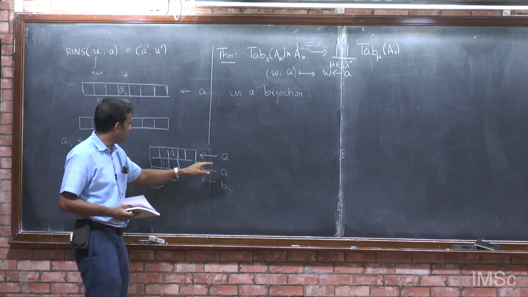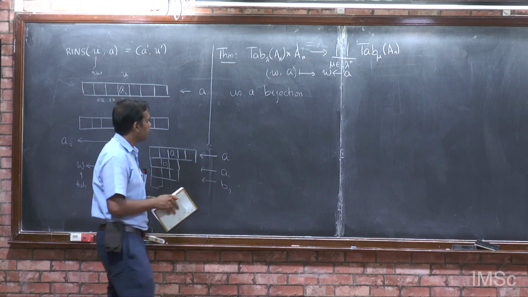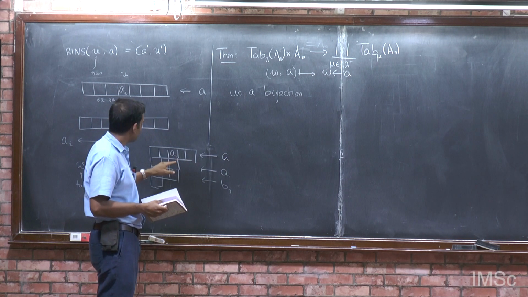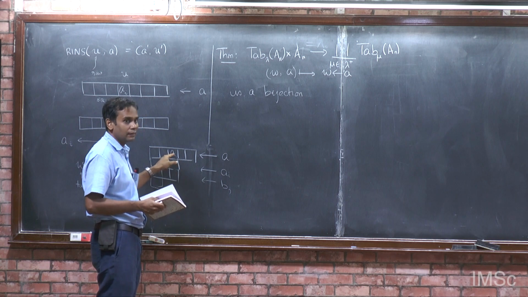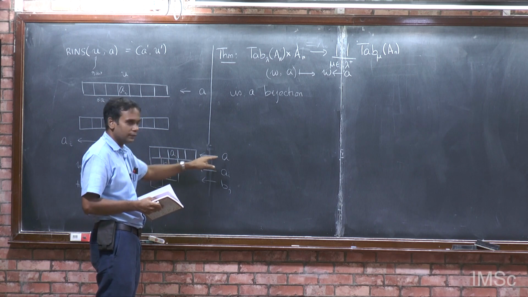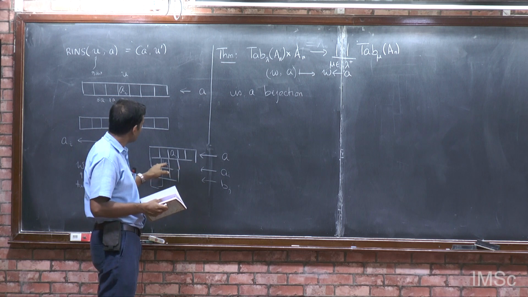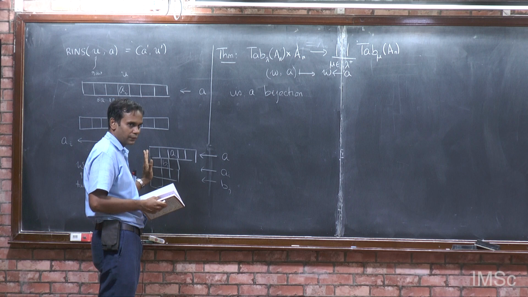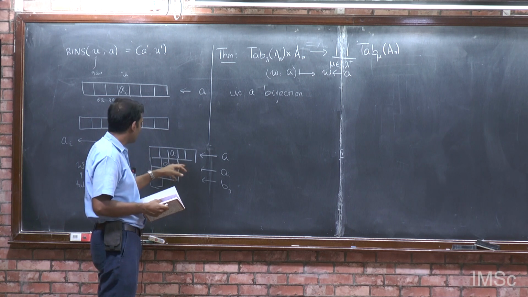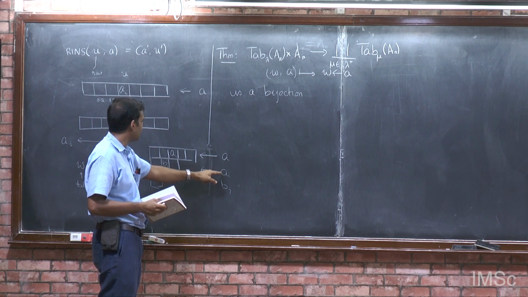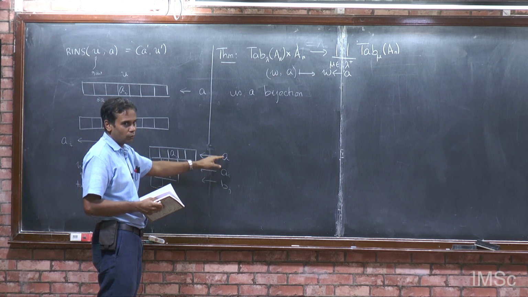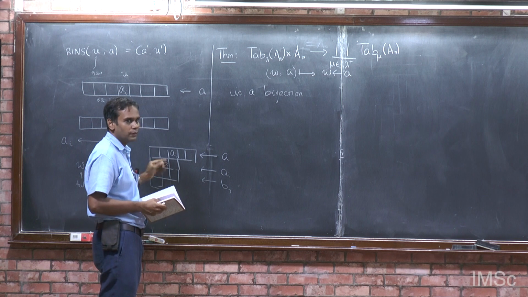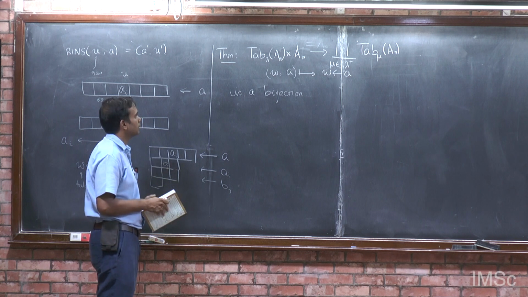When you put this A in here, it will bump out something. The thing that it bumps out is greater than what you put in here, and using that you can show that what it bumps out here will be either in this column or to the left of it. And also you know that what you are trying to put in here is greater than what you tried to put in here. Using these two facts, you can show that the column order will be strict in this case.